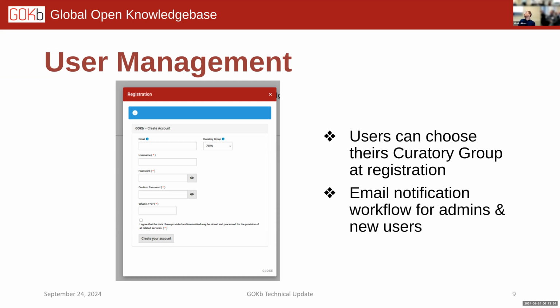For the users themselves, they only really see a change in the ability to select their group or their institution they're working on initially on their registration, which beforehand required contacting us, and we were setting up every user and connecting them to their institution.